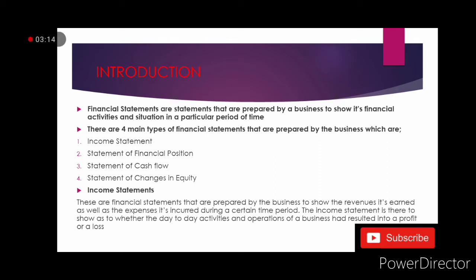Take this in comparison to looking at the income statement in segments. We all know that during a financial year, there are certain seasons where a business could perform really well, and other seasons where it could have tough times operating.